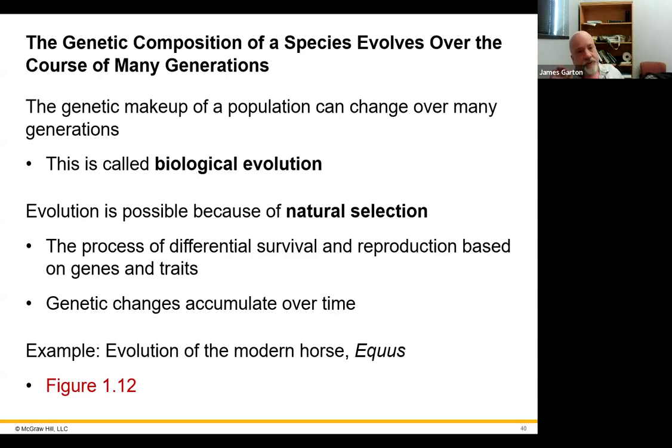And biological evolution is usually gradual. It takes a long time for the effects of evolution to be seen. And it exists because of selective forces. Every individual is different. Certain combinations of genes and traits are beneficial, and certain combinations of genes and traits are not. And the combinations that are beneficial tend to increase, and the ones that are not tend to decrease.